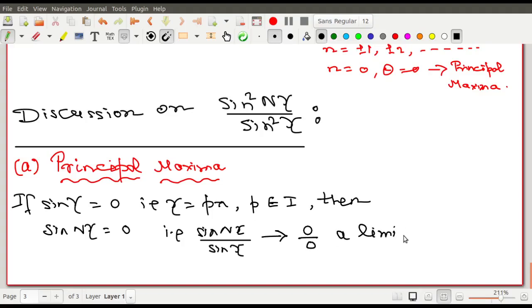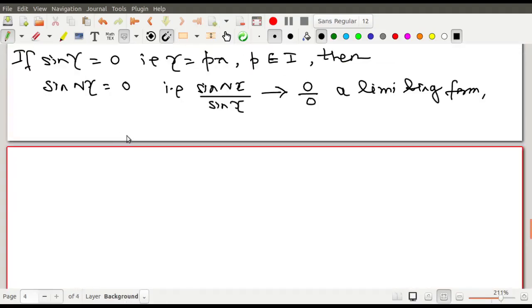So let's use the limit: gamma tends to p pi of sin n gamma by sin gamma, which is 0 by 0.